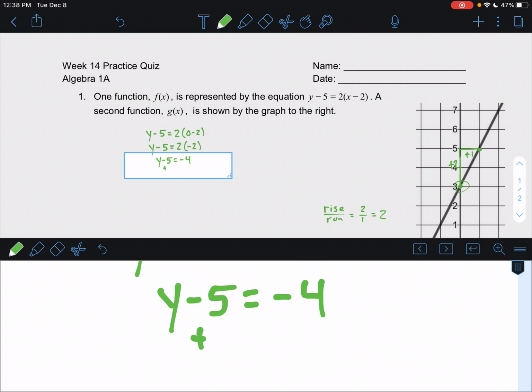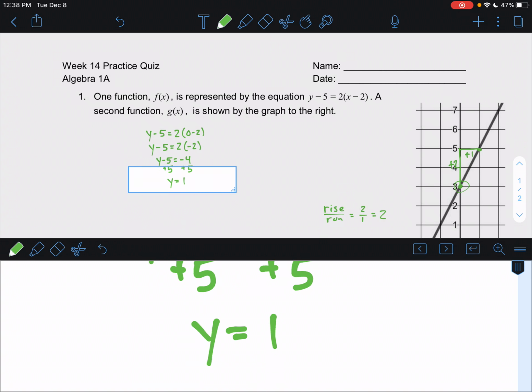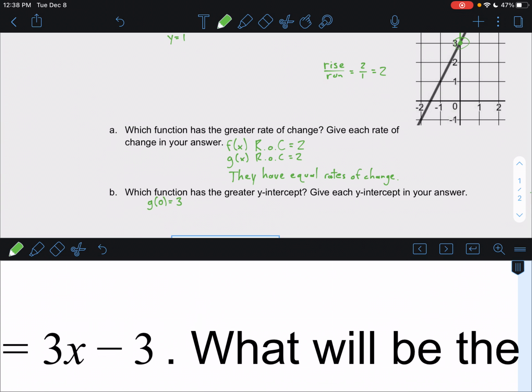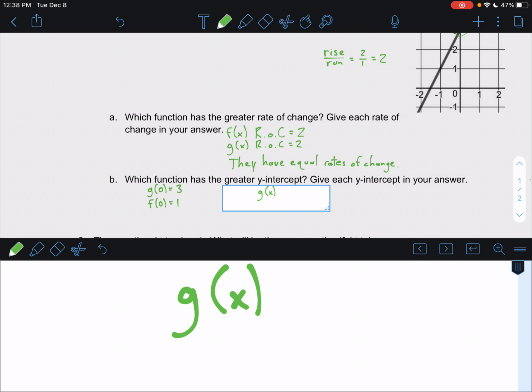And to get y all by itself, I just want to add 5 to both sides. So y is going to equal negative 4 plus 5, which is 1. So f of 0 equals 1, which means g of x has the greater y-intercept because it was 3, the other one was 1.